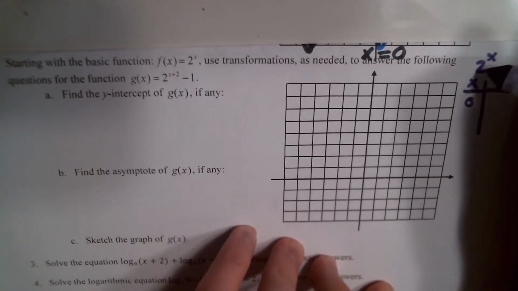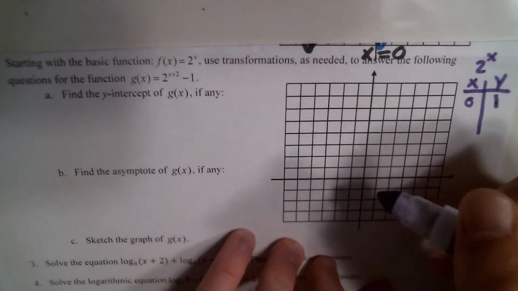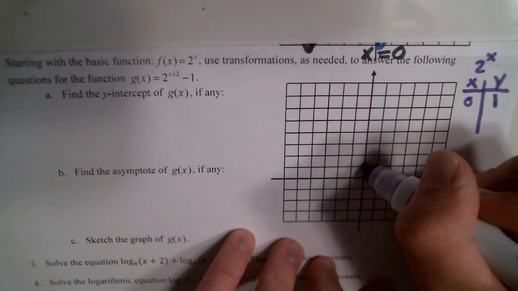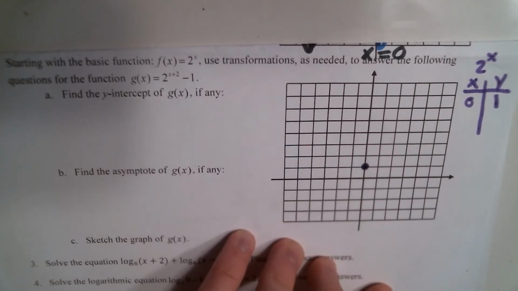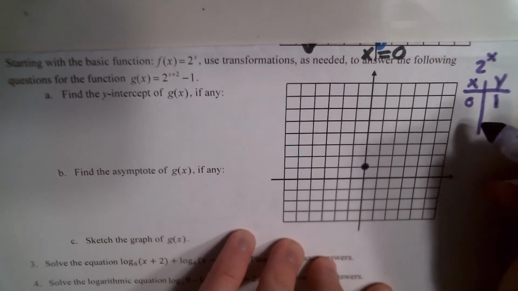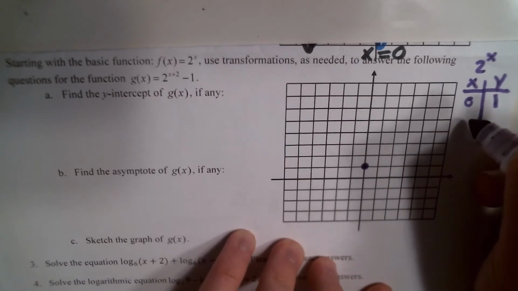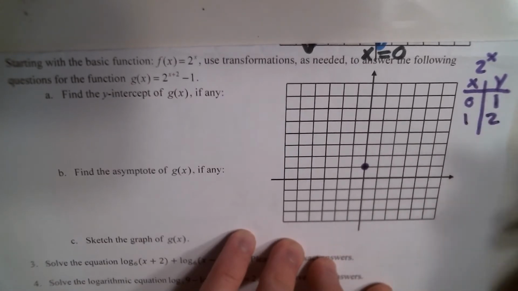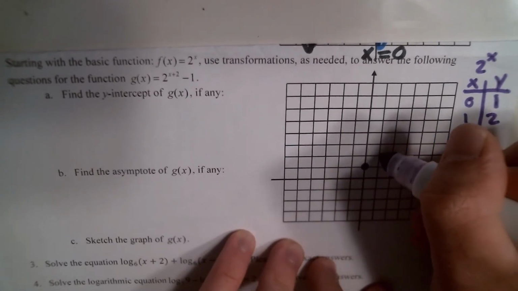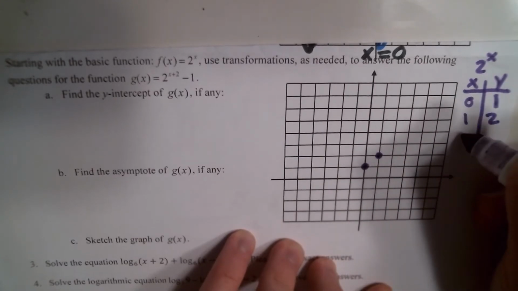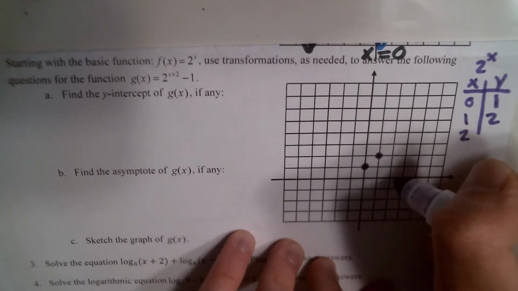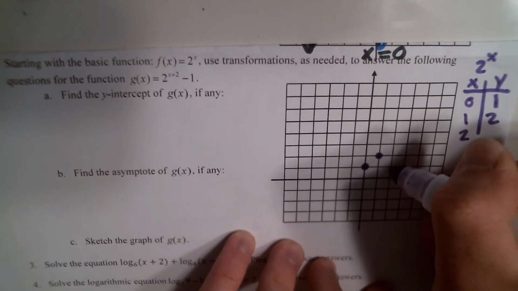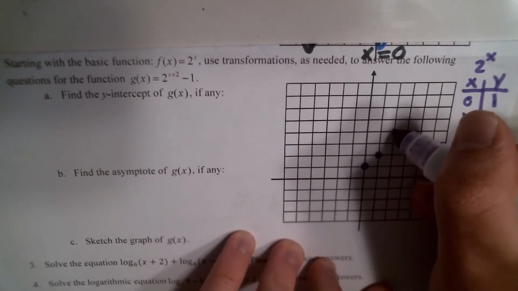Well, I replace x with 0, so we get 2 to the 0 is 1. So we're up here at 1 when we're at 0. Then when I plug in 1, I get 2. Then at 2, I get 4. So 1, 2, 3, 4.